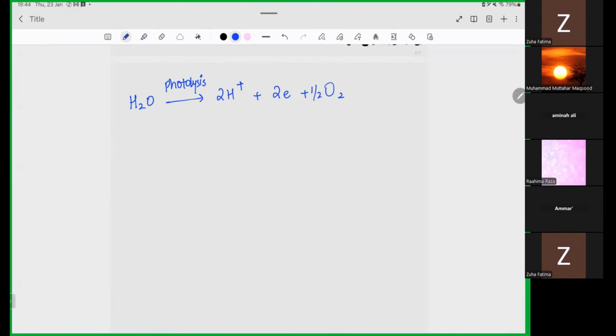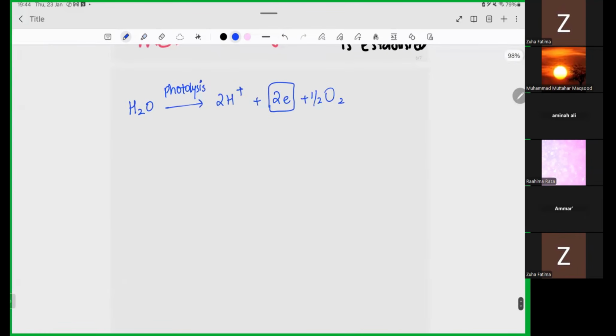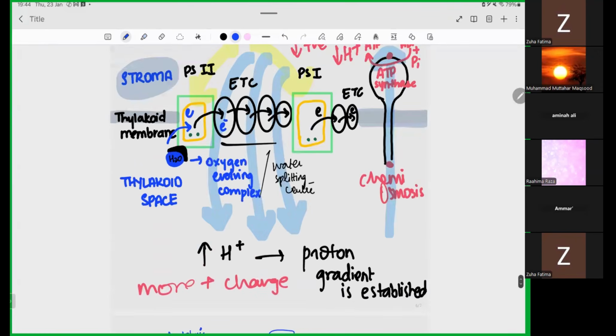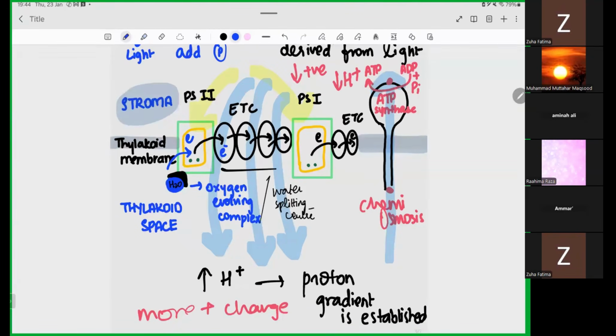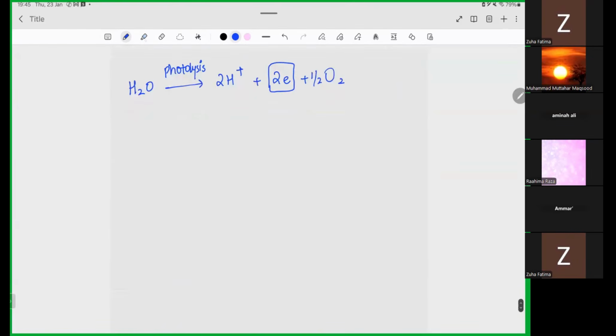The electrons that the water molecule releases after photolysis are replaced in the reaction center, or given back to the chlorophyll pigment, and only then is this electron transport system continued. Oxygen is evolved as a byproduct or a waste product, and it can either be used for respiration or be lost via the stomata.